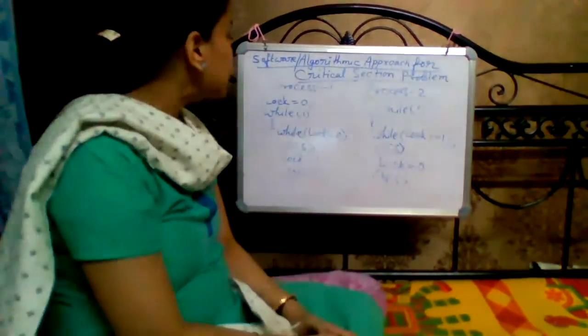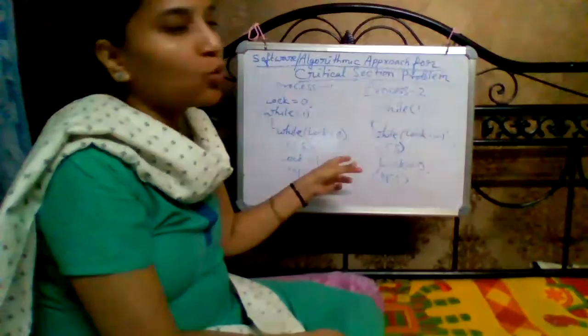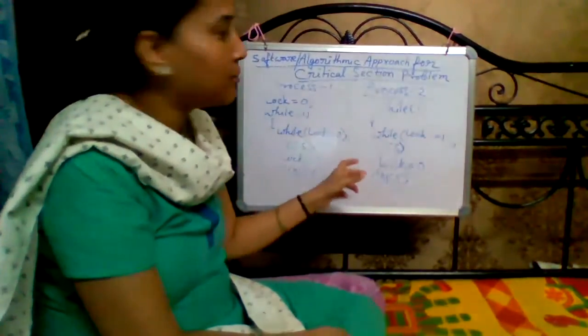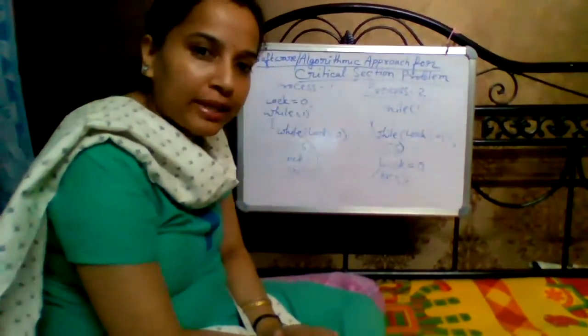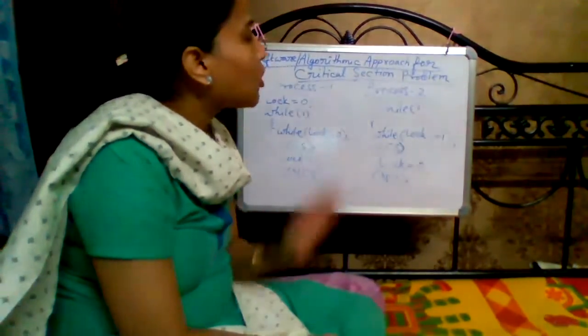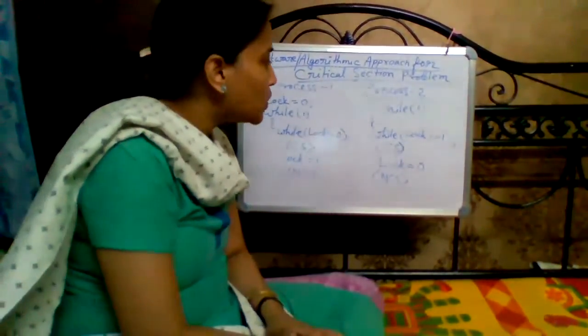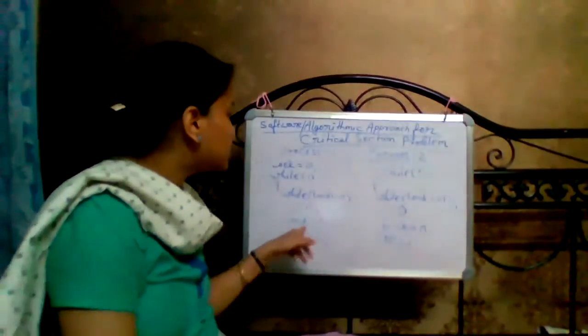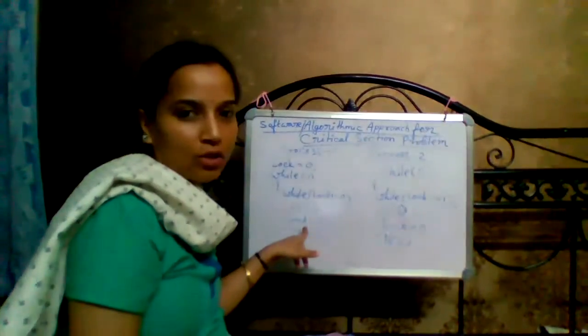Now the thing is that this altered algorithm is appropriate as a solution for the critical section. It is mutually exclusive. Yes, it is mutually exclusive, since it depends on the value of lock.